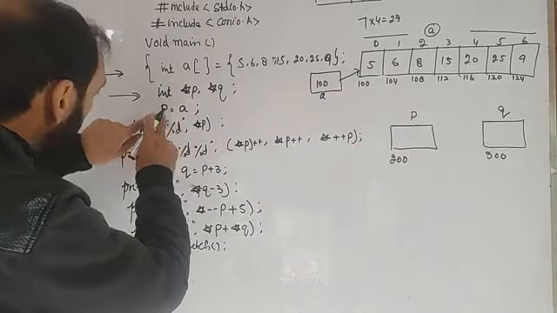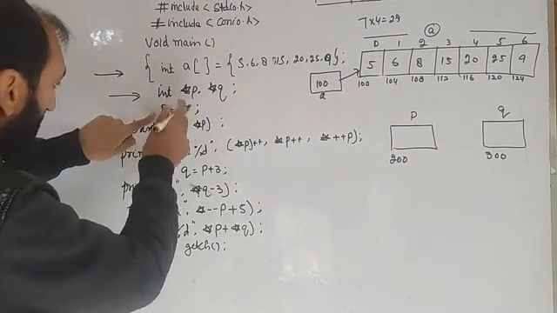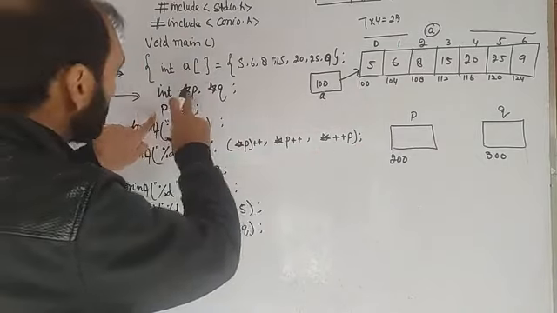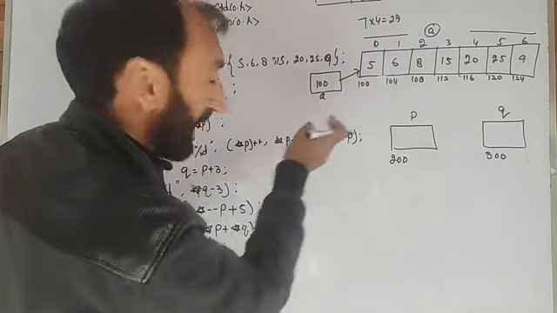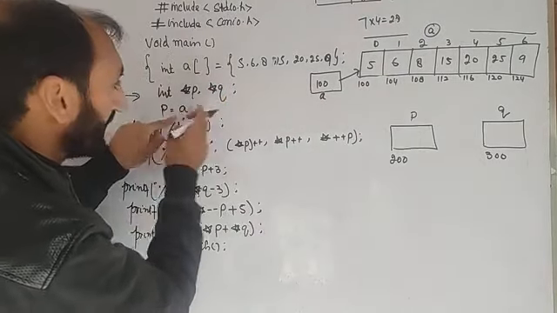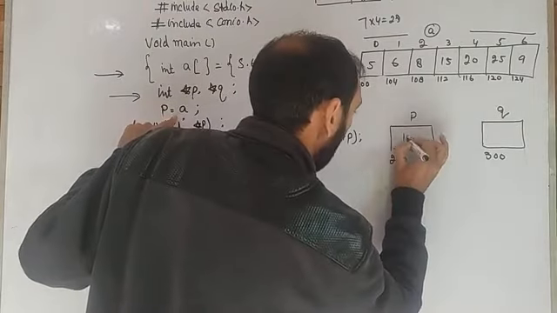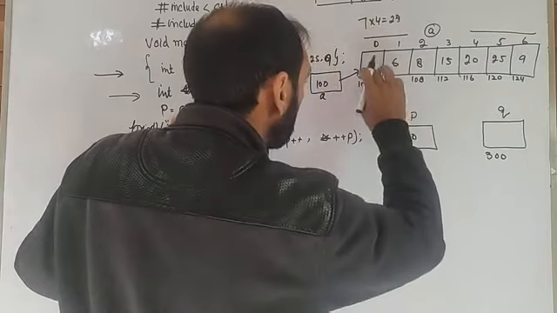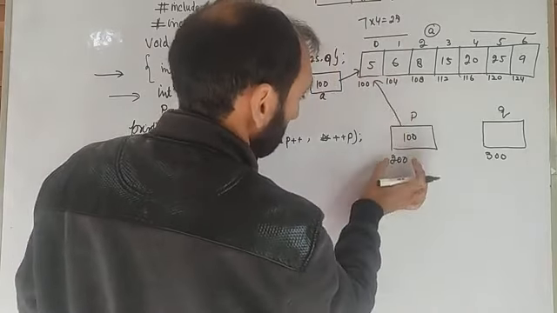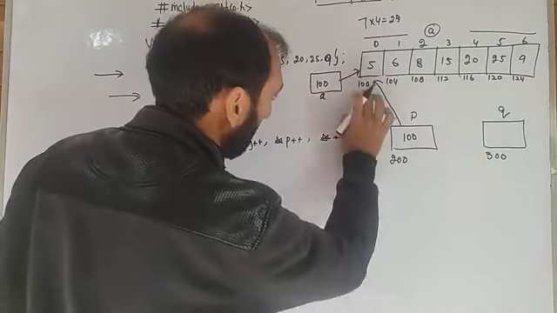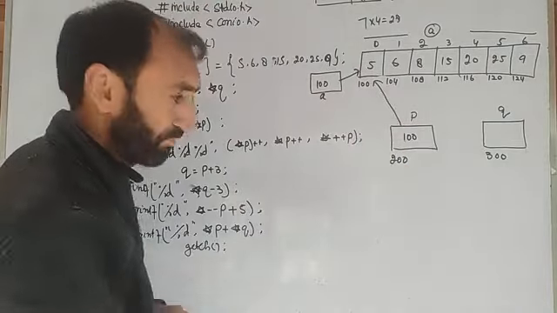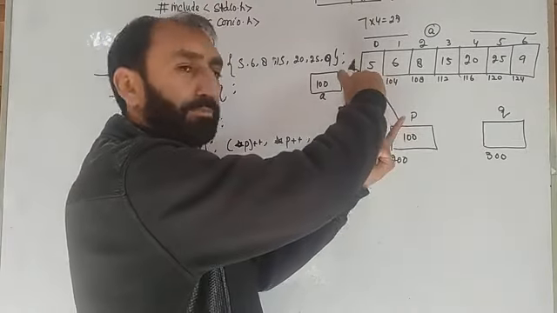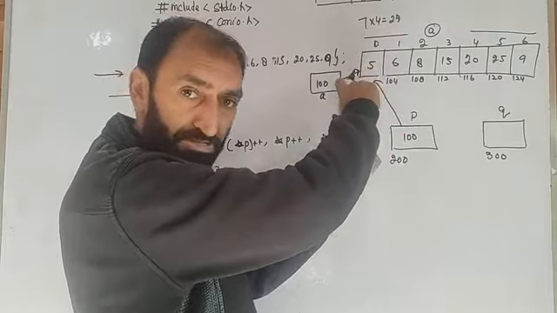Here I am going to initialize P equal to A. What is P? P is a pointer, and in the pointer I am going to store A. What is A? A is 100. This P is pointing to the first byte of the array. P is a pointer that stores the address of the first byte of the array.